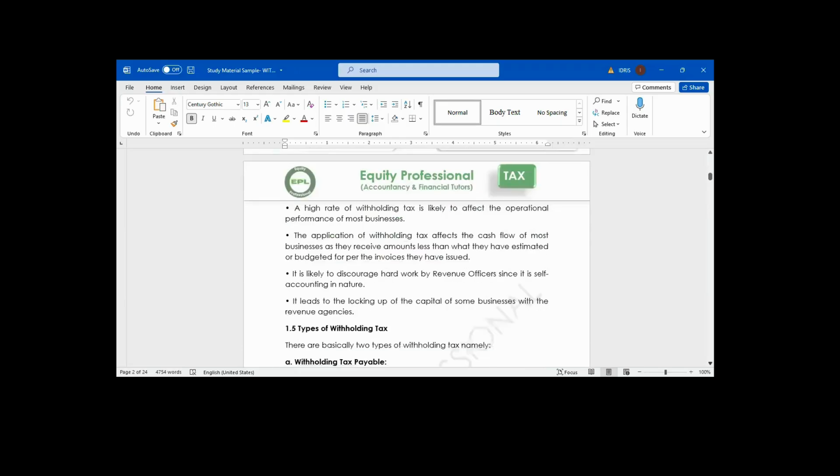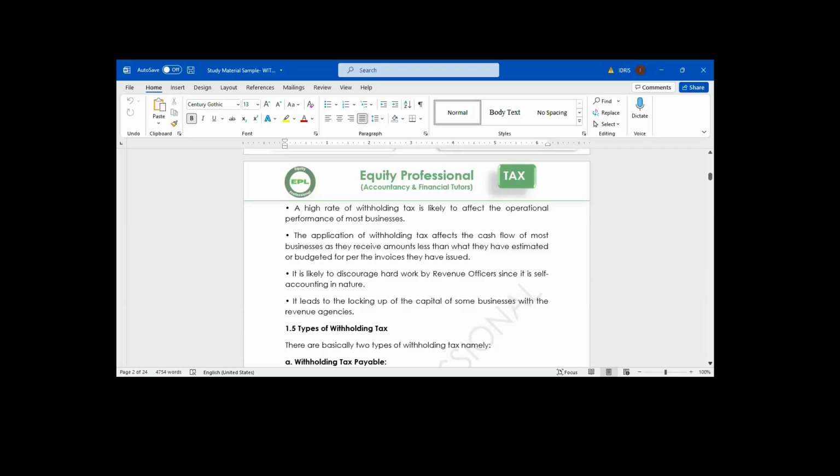What are the challenges of withholding tax? One of the challenges is that a high rate of withholding tax may likely affect the performance of business. If I do a contract supply, the law says you should deduct withholding tax of 5% on that contract supply.